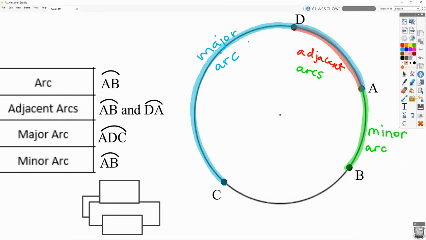So there we go. We've got us all the different types of arcs that we're going to talk about, at least here at the beginning.